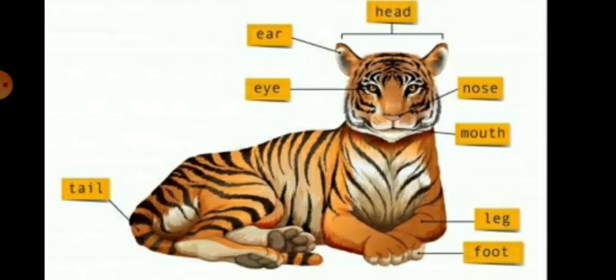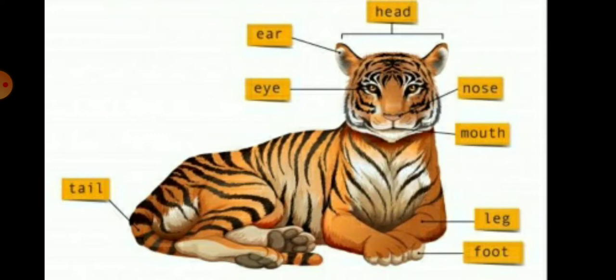So, children, the next example is the mammals. Mammals have some characteristic features: mammals have mammary glands, and body hair is present on the surface. We are also mammals.